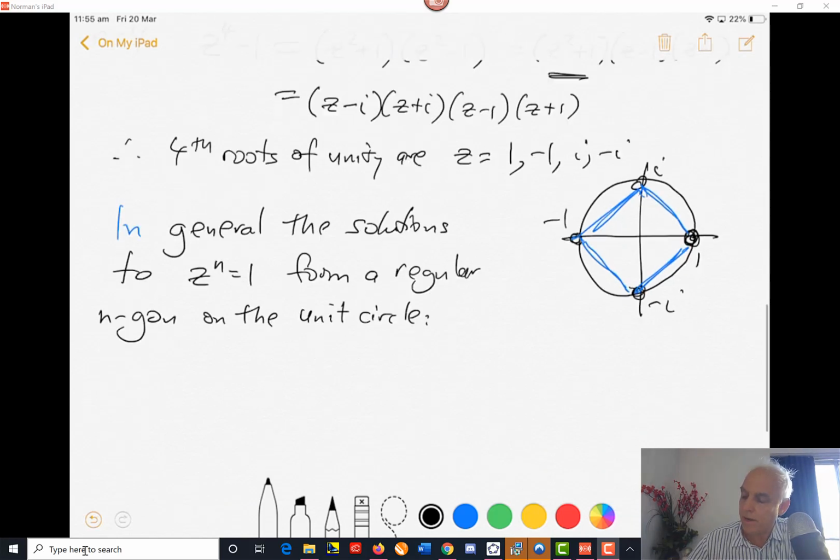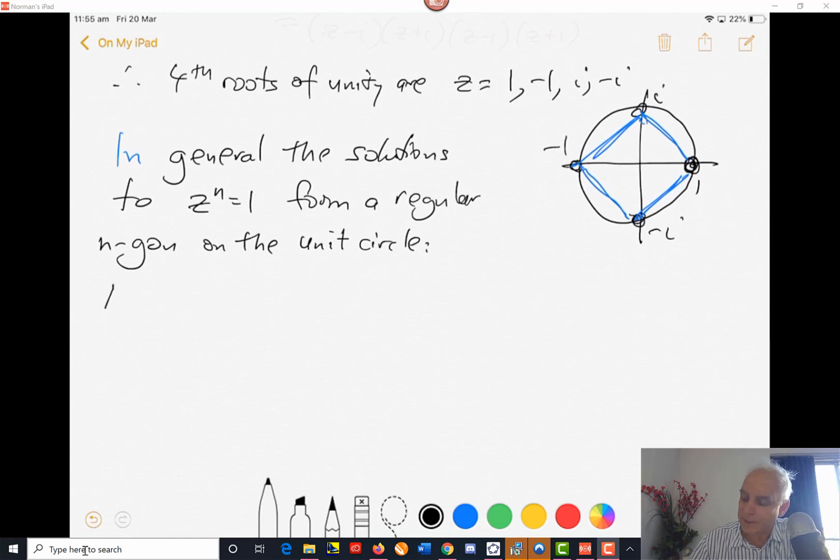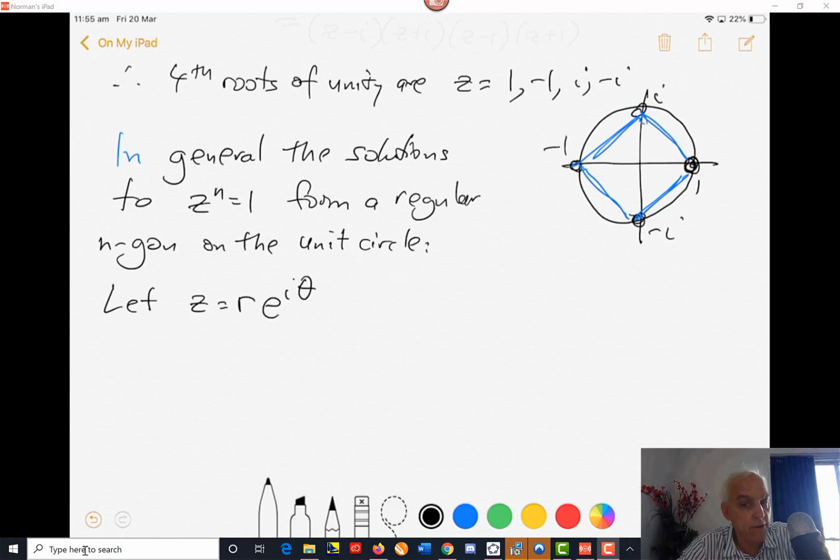And a way to see that is to let z be, say, r e to the i theta. That's a general polar form for a complex number. And we'll stick that into the equation.